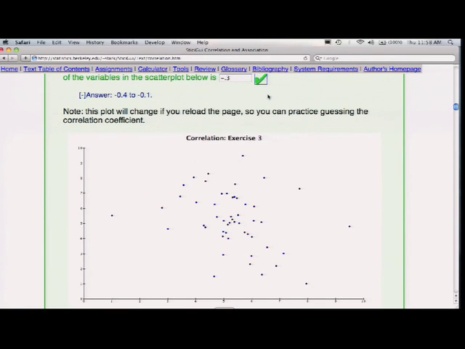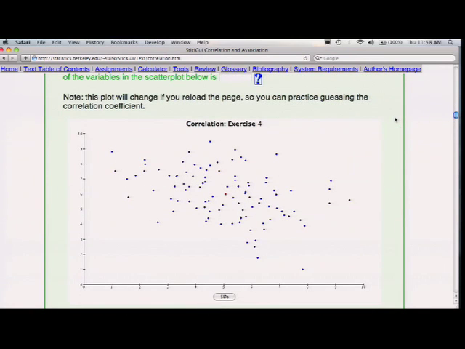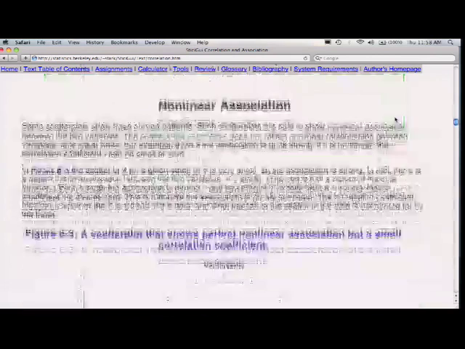All right, so you get the idea. Play with this. When there are more points, you get a different visual appearance for the same correlation coefficient, right? So you need to kind of train your brain and your eyes to work together to judge this to some extent.